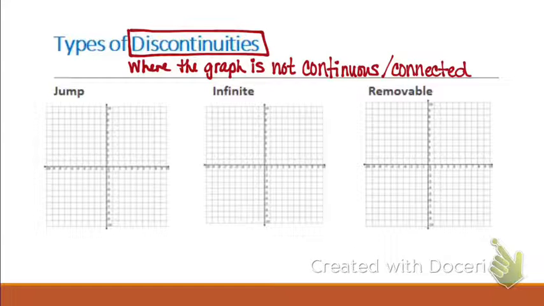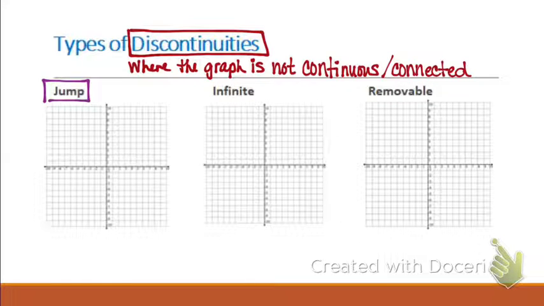Discontinuities are where our graph is not continuous, it is not connected to itself. There are three kinds of discontinuities that we are going to talk about in here. The first one is a jump discontinuity.